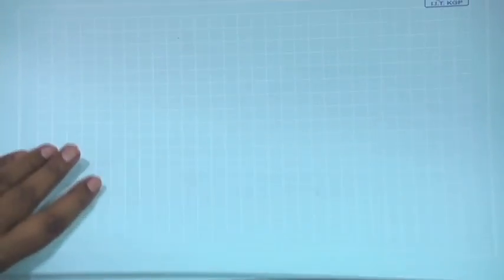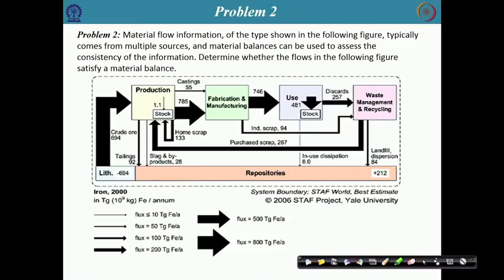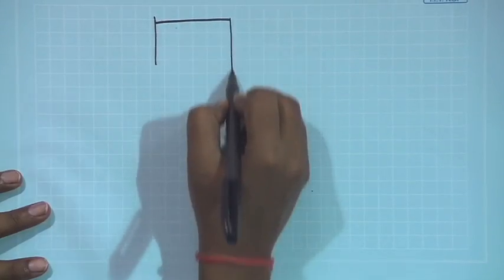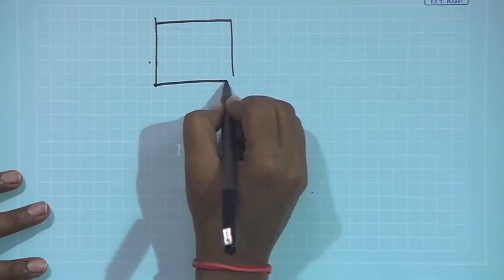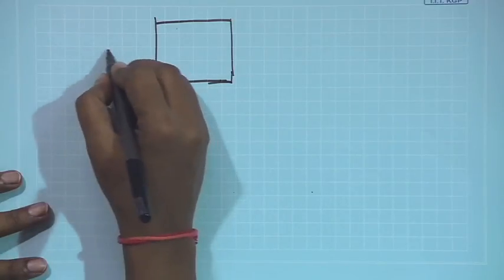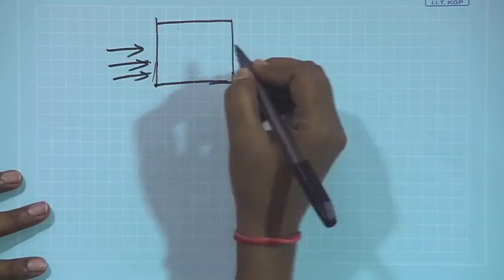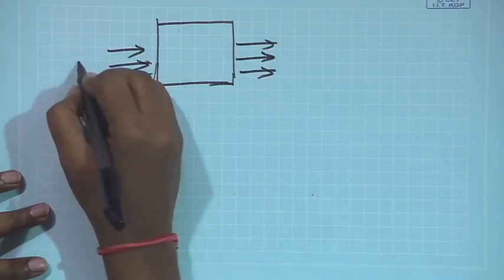Let us go to the second question. The second question is based on material flow information. This material flow information is an application of conservation of mass for physical systems. As per the law of material balance, suppose this is a boundary, there are inflows, there may be more than one, and there are some outflows.